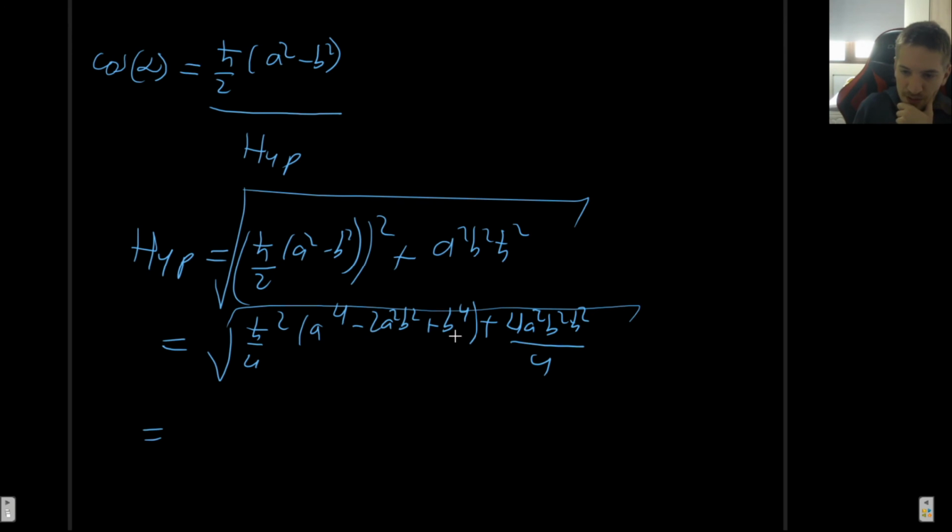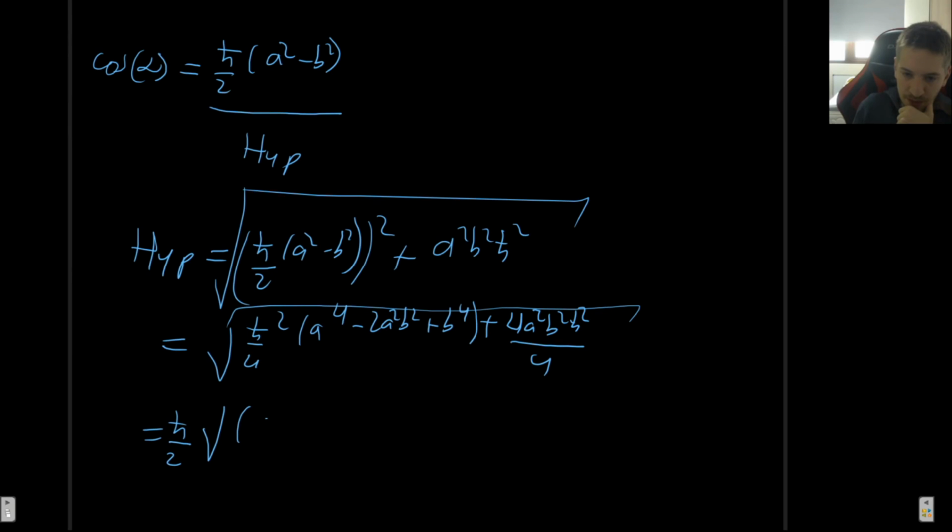Because take a look at this. We have minus 2a²b² here and plus 4a²b², and this ħ² is also multiplying all of this. So let's factor out an ħ² here and take it outside of the square root, and in fact we can take the divided by 2 as well.